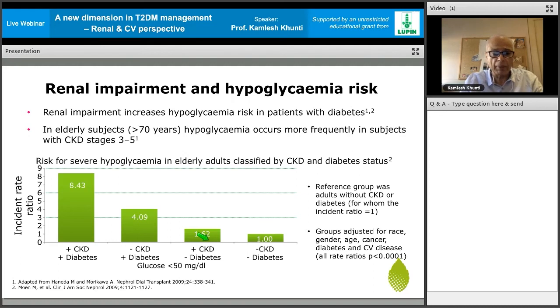So it's showing that people without diabetes can get hypoglycemia. Hypoglycemia here is defined as a blood glucose of less than 50. People with diabetes without CKD have a 4-fold increase, and people with CKD and diabetes have a 2-fold increase compared to people who have diabetes with no CKD. As soon as you have CKD, the hypoglycemia rates are doubled.